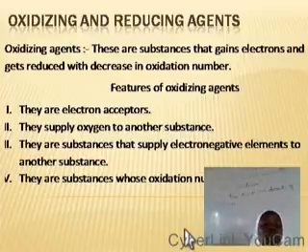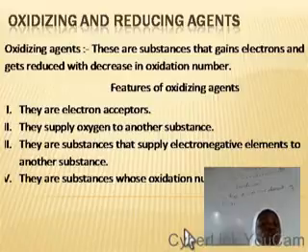If you remember, before we went for the Salah break, we talked about oxidation and reduction, where we defined oxidation and reduction in terms of electron transfer, in terms of oxidation number, in terms of hydrogen and oxygen. We also defined it in terms of electronegative and electropositive elements.